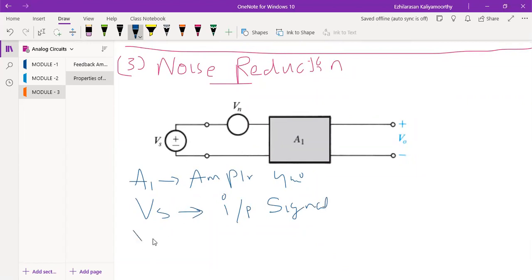Then Vn is nothing but the noise signal. The noise, we can say, is thermal noise, which the active and the passive components will generate.